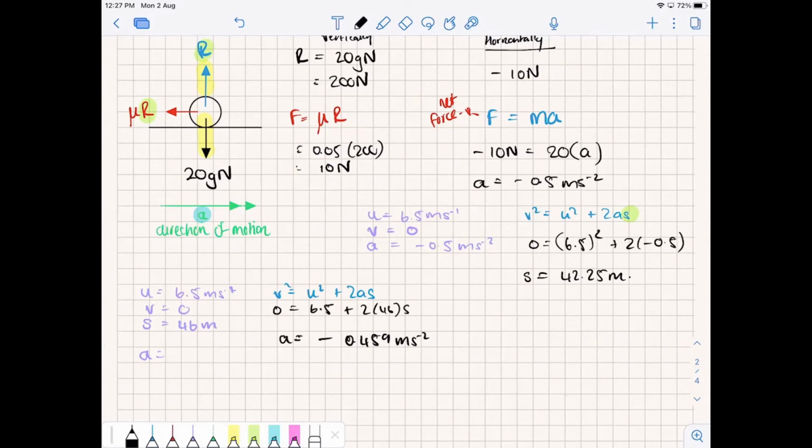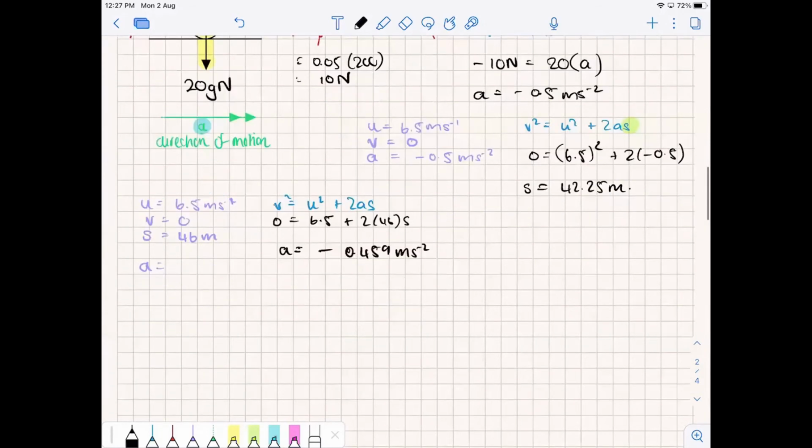Right, now that we have the acceleration, we can calculate what the net force should be. So again, we're just going backwards. So we want to find out what this net force is. Remember, in Newton's law, this is the net force, mass times acceleration. This is the force we're trying to calculate.